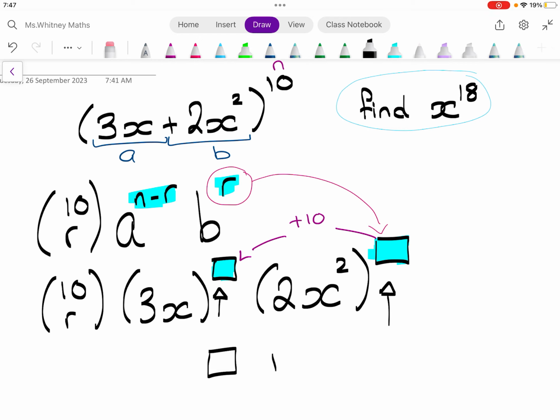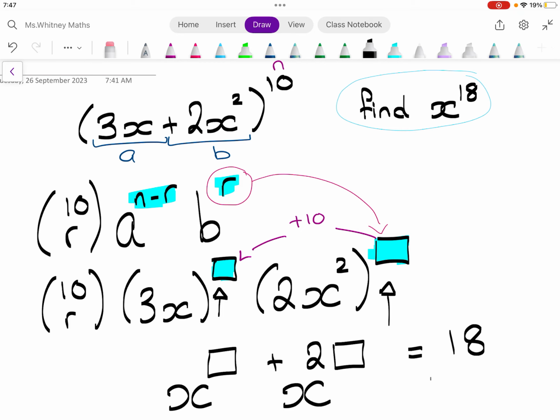So it's going to be something plus 2 lots of something will equal 18. That's what we need for our powers, because it's going to be x to the something, x to the something, x to the 18. So we're trying to find two different numbers that would still add to make 10, but would work to make 18. Then you can try different ones.